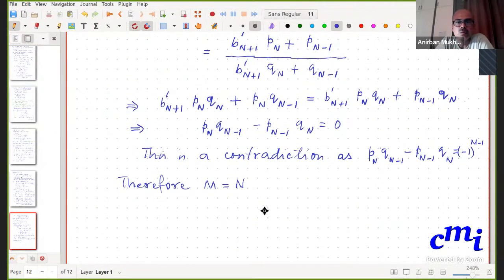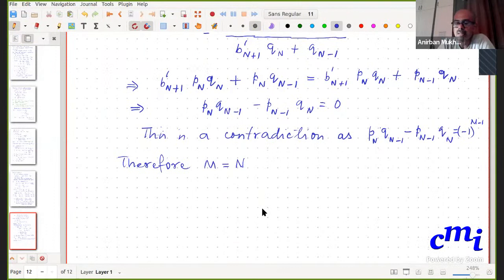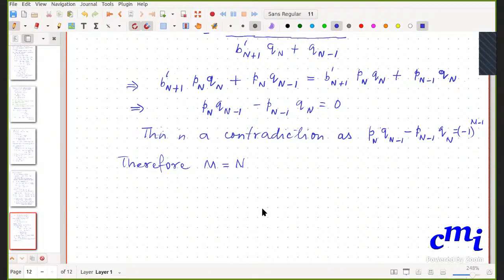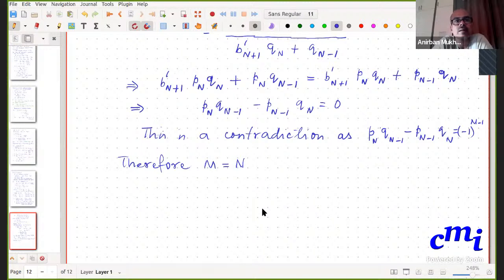So what we have to do now is to look at the algorithm to compute continued fractions. Okay, so I think the time is essentially up. So I would stop today.